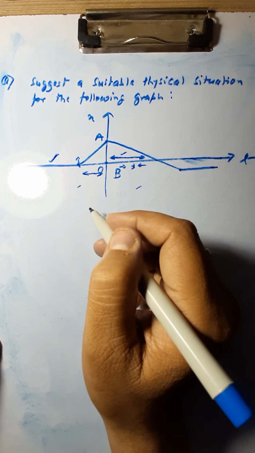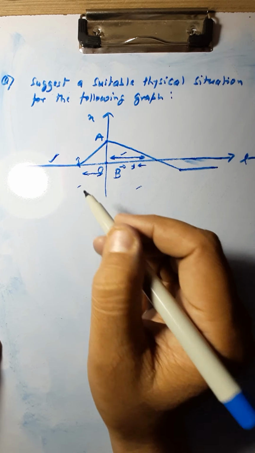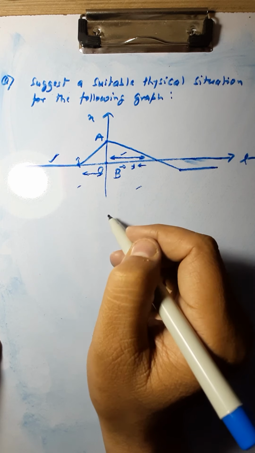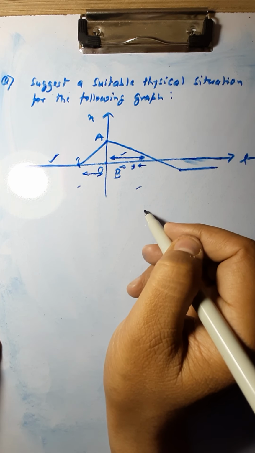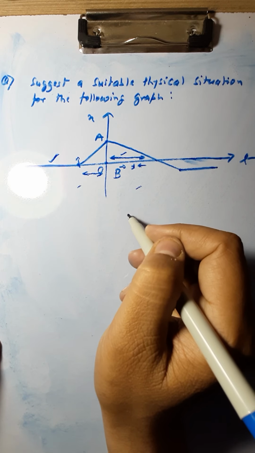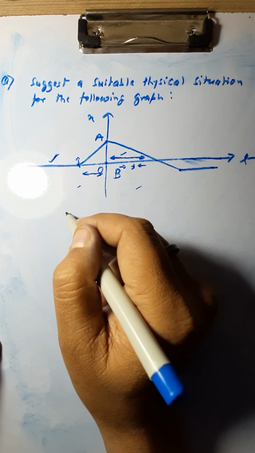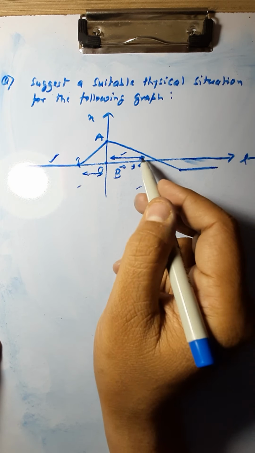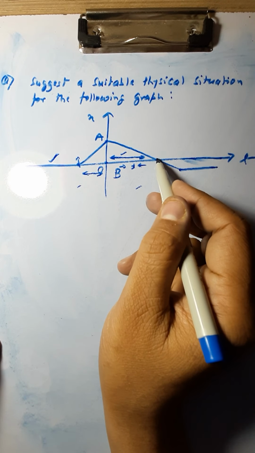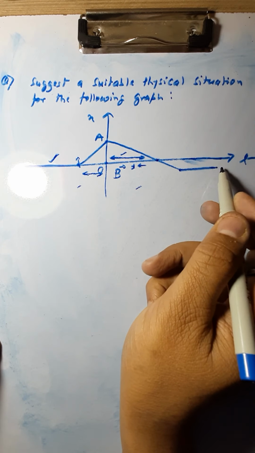So we would have to search a situation in which a particle was at rest, moves with a uniform velocity to some point, and retraces back with some lesser velocity and moves behind the original position and finally comes to rest.